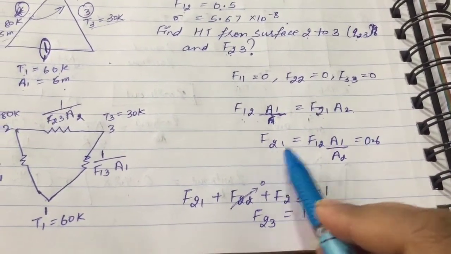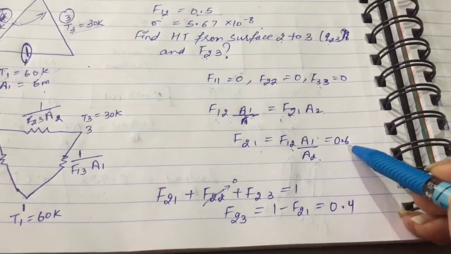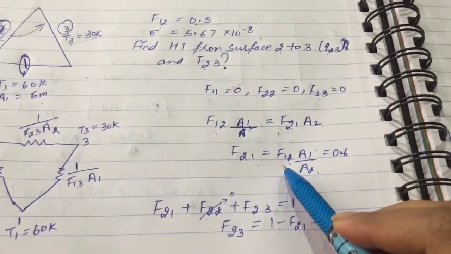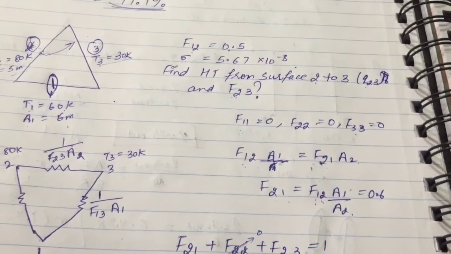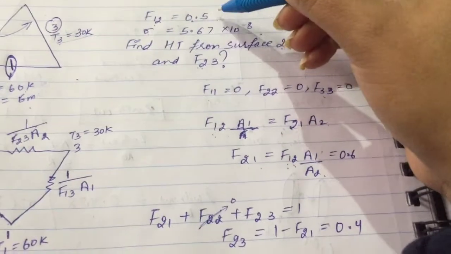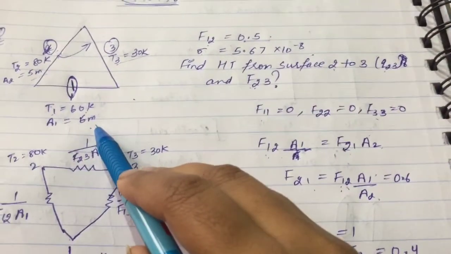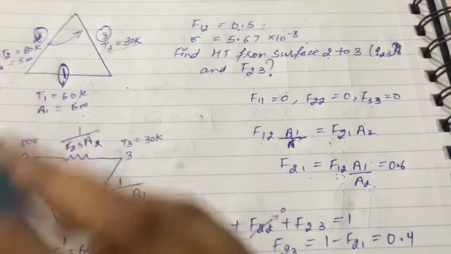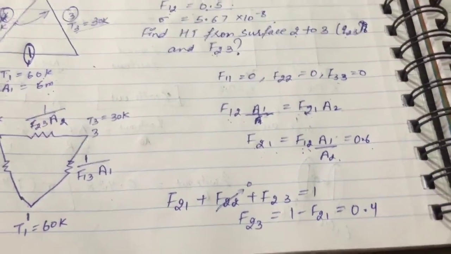So F21 would come out to be F12 into area 1 by area 2. We know that F12 is 0.5, area 1 is given as 6 meter, area 2 is given as 5 meter. So putting in the values, we get F21 is equal to 0.6.